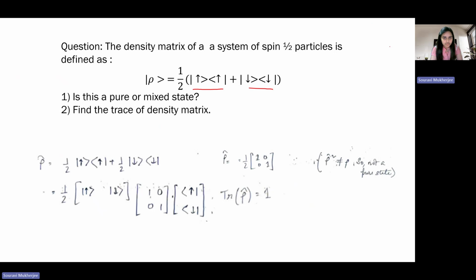So here, when you're writing rho as the outer product of these different terms in this basis, what you are saying is it's in the down state with 50% probability and the up state with 50% probability. So basically this coefficient is associated with the probability. And this is a mixed state. But in the last case, what we had was different.